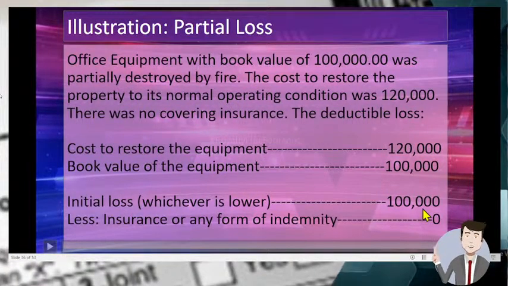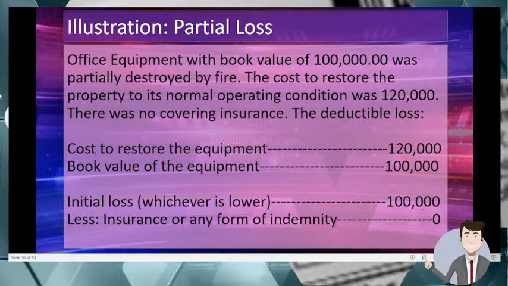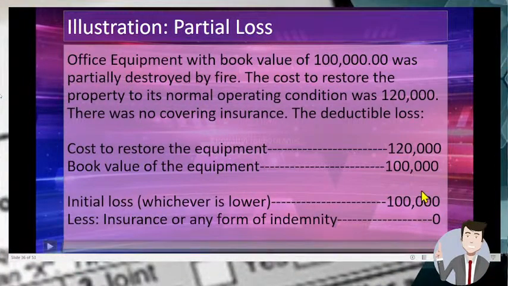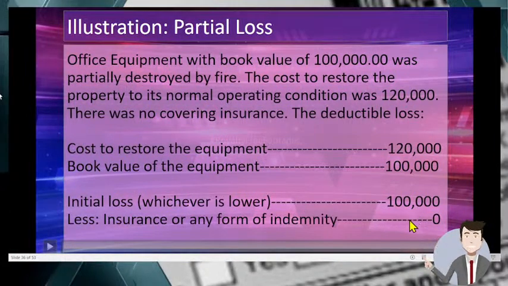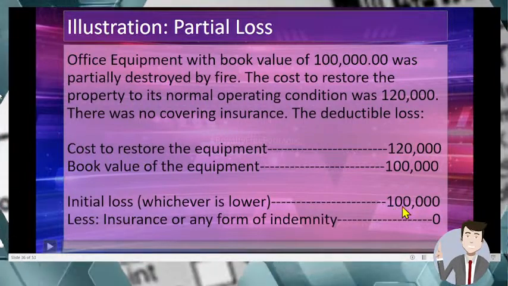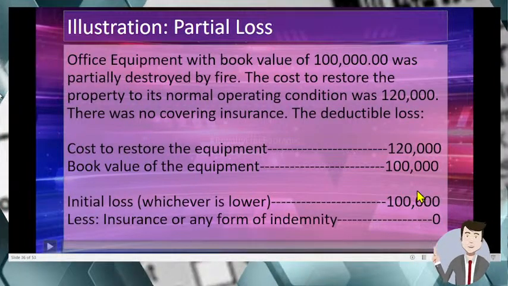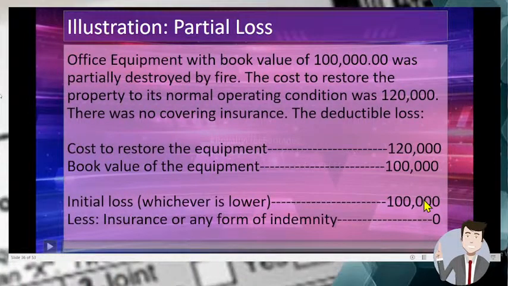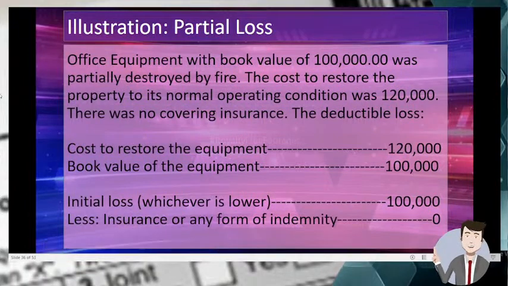If the property is insured, you have to consider the proceeds of the indemnity. So if the proceeds of the indemnity is lower than 100,000, you can claim a partial loss. If the indemnity is higher than the initial loss of 100,000, let's say for example that the amount received is 150, therefore there is no loss at all.